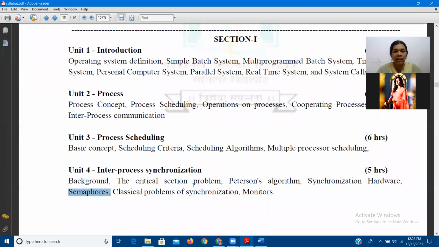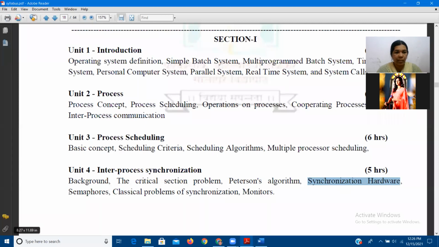Okay, so I said that after the discussion of the critical section problem, henceforth we are discussing only solutions. Under Peterson's algorithm, we discussed three algorithms: algorithm 1, algorithm 2, and algorithm 3. Under synchronization hardware, we discussed two solutions, one with the help of test and set, and another with the help of the swap instruction.